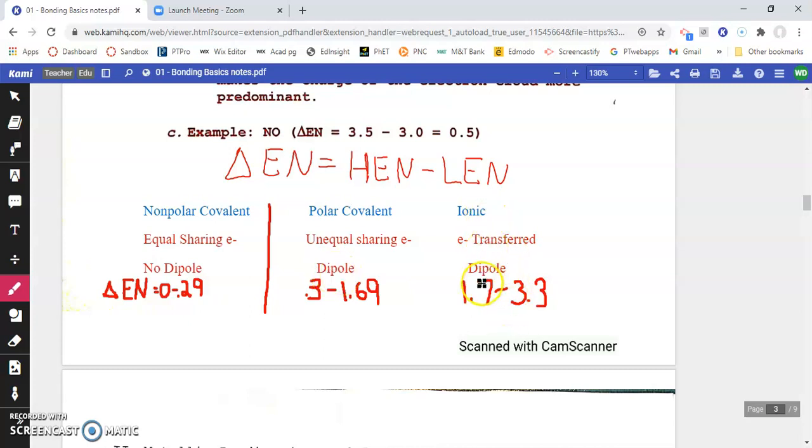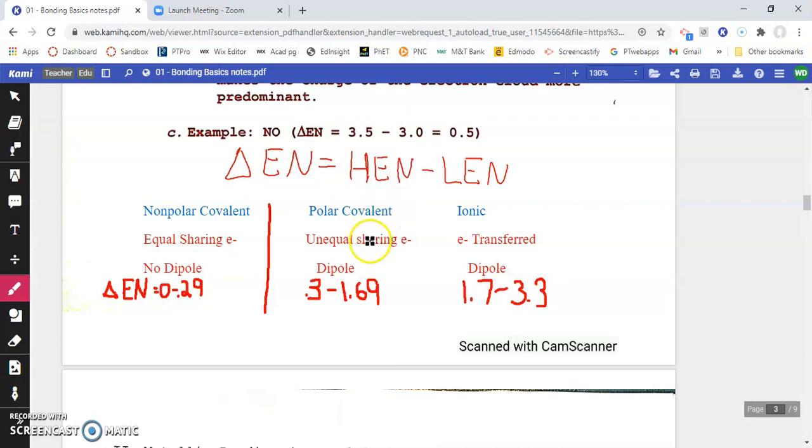If the difference in electronegativity is between 1.7 and 3.3, which is just the highest that you can get, so basically greater than or equal to 1.7, the electrons are transferred and it's ionic. It would need a dipole as well. So delta EN in bond types: nonpolar covalent, which is equal sharing of electrons, no dipole, the delta is between 0 and 0.29.